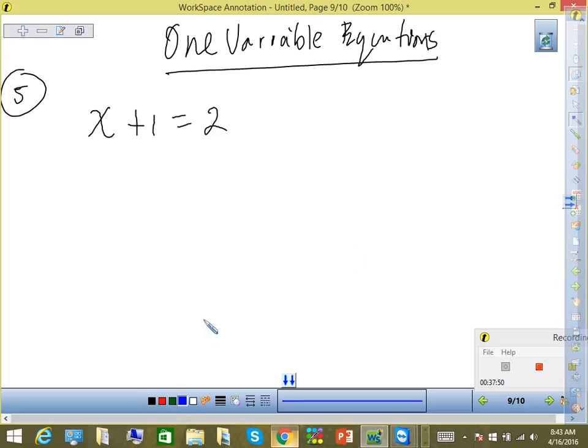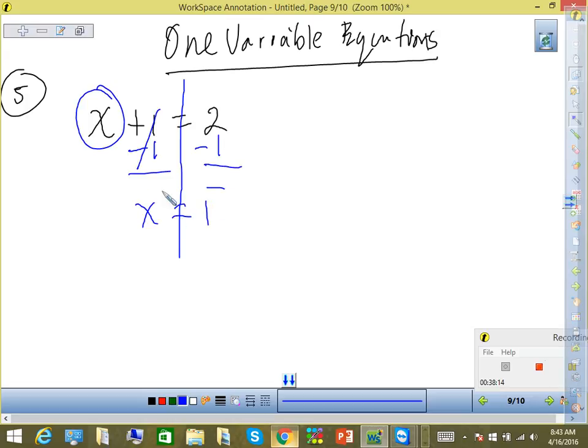For those of us that get confused with equations, I always ask everyone to draw a line down the equal sign to remember that we're looking at a scale. It has to be balanced. So, here's our variable. We need to leave the variable by itself. What's next to it? Plus 1. What is the inverse operation? Minus 1 on both sides. x equals 1.